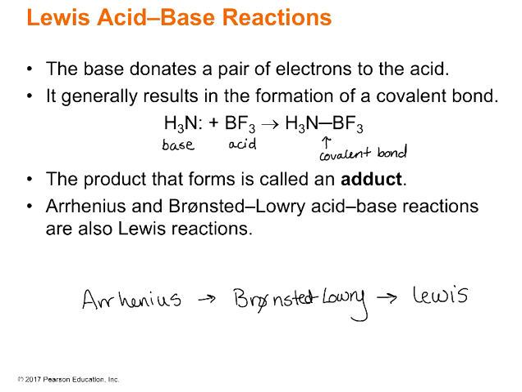But if we were to go backwards, not every Lewis acid is going to be a Bronsted-Lowry acid, and not every Bronsted-Lowry acid is going to be an Arrhenius acid. So we're building up, and we're expanding our definition each time.